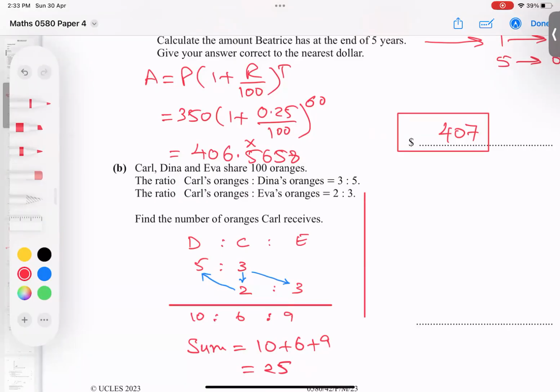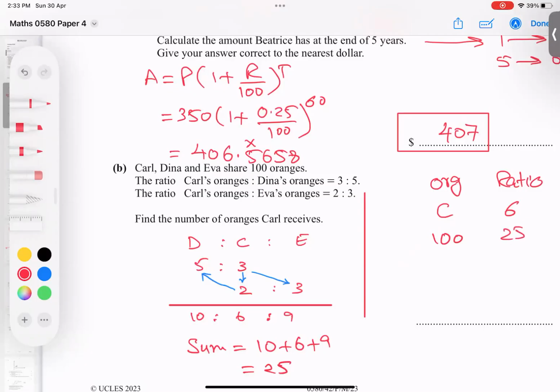And I'm looking for what is the title we have, oranges, and right here ratios. I'm looking for C. So C oranges, I want to find it. And C ratio is how much? 6. Total oranges are 100. I write 100 here. And total sum of ratio is 25.